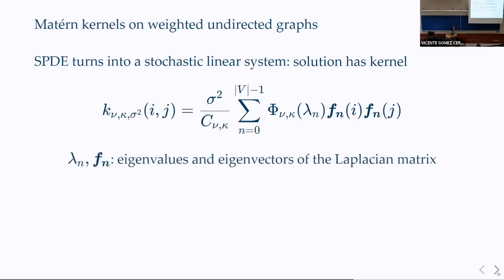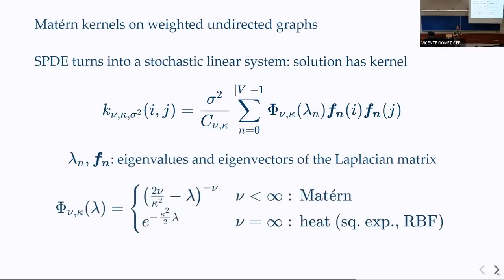These basis functions f_n are eigenvectors of the graph Laplacian reinterpreted as functions, while the coefficients are simple functions of the eigenvalues of the graph Laplacian matrix. And the simple functions are really simple, as simple as these explicit formulas.